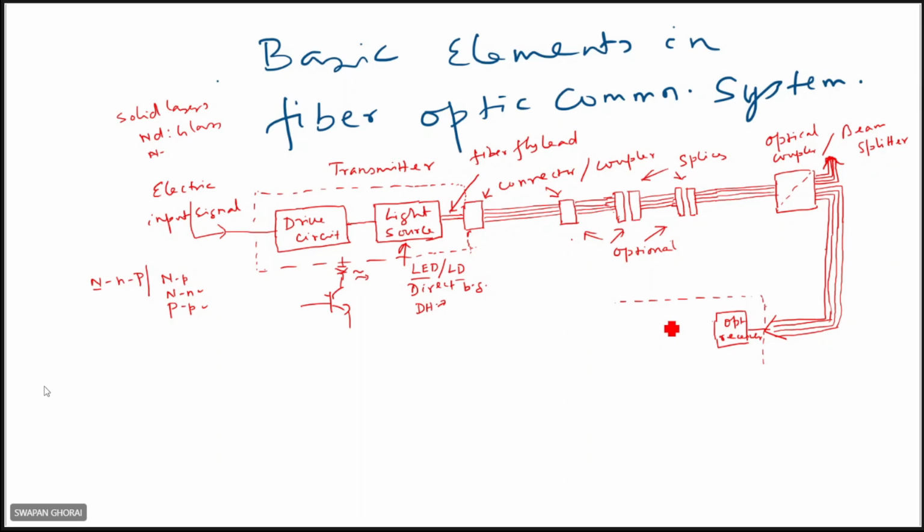Next will be electronics for amplification, reshaping, etc. Here actually optical to electric conversion will be there, and next will be your optical transmitter. Exactly the same transmitter we have just seen will be there.